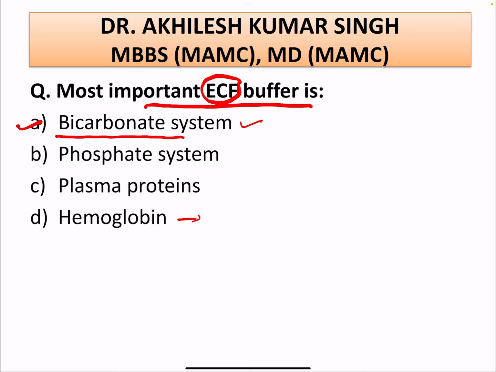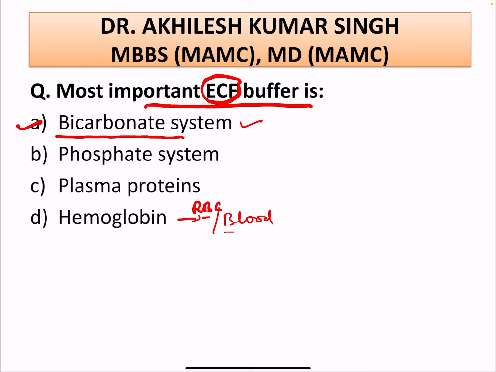Hemoglobin is the important buffer system of the blood, or you can also say the RBC, because hemoglobin is present in the RBC, so it forms the important buffer system for the RBC, and RBC are present in the blood.